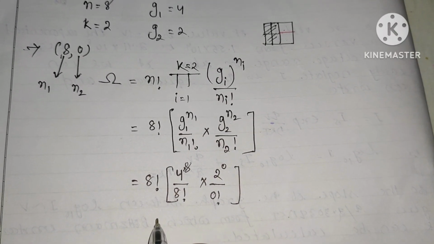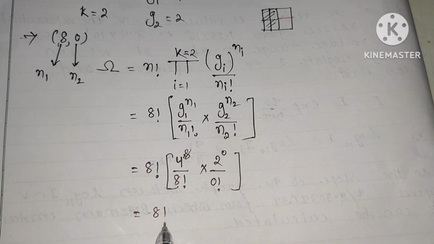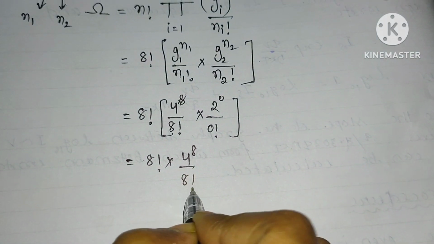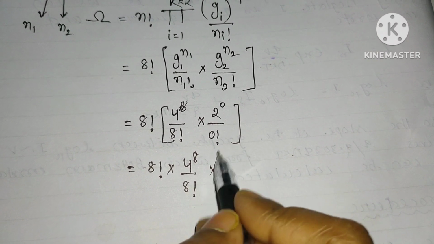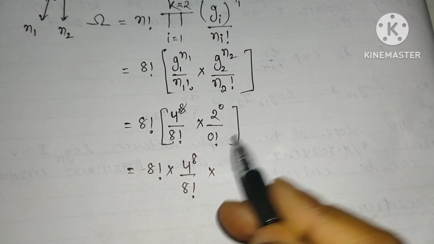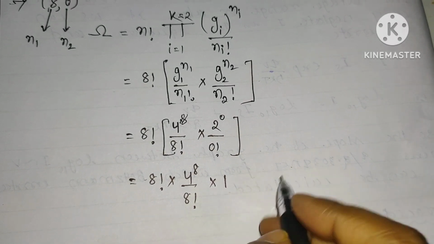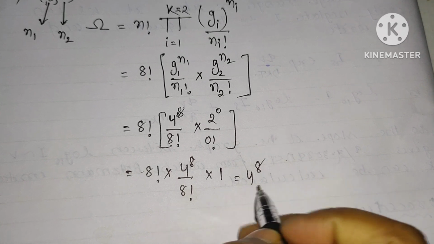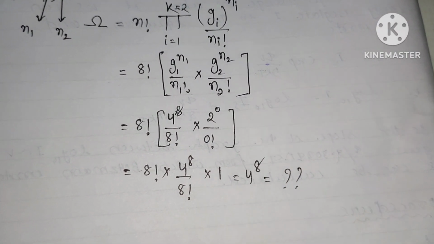This much is clear. So this equals 8 factorial into 4 raised to the power 8 divided by 8 factorial into 2 raised to the power 0, which is 1. 0 factorial is also 1. So 8 factorial gets cancelled. This is simply 4 power 8. Clear? You simply have to solve 4 raised to the power 8 and write the answer.